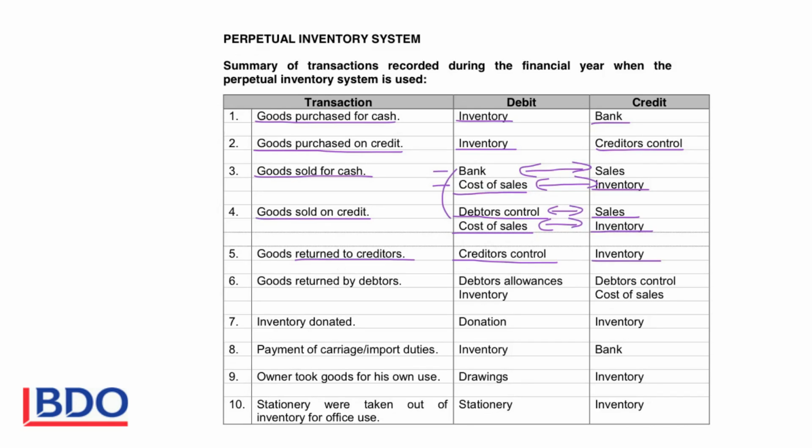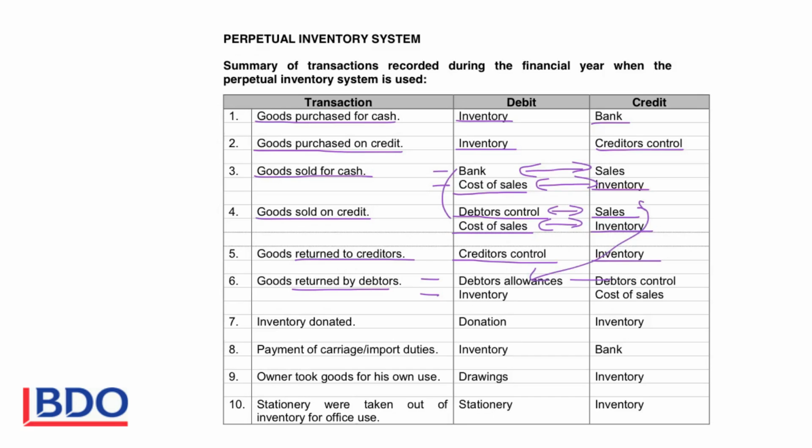Goods returned by debtors. The debtors' allowances and inventory will have two different amounts. So we will do two double entries again when goods are returned. The one will be for debtors' allowances to show that the sales that we had in that previous transaction is actually reduced with this debtors allowances figure.